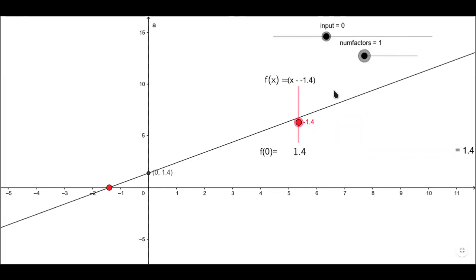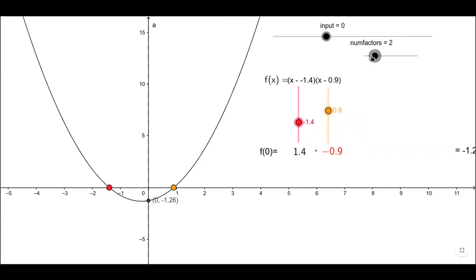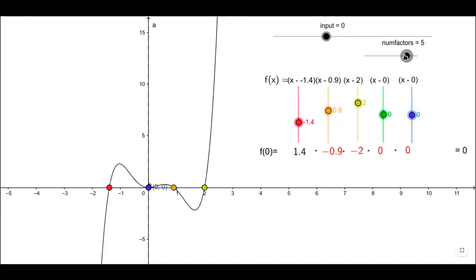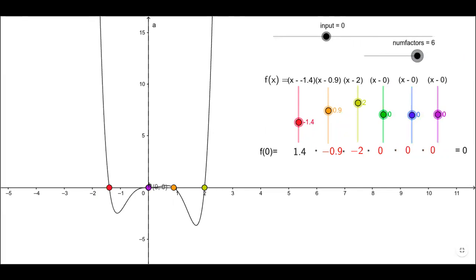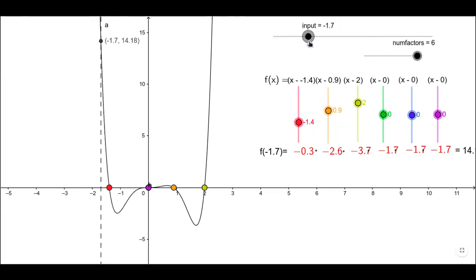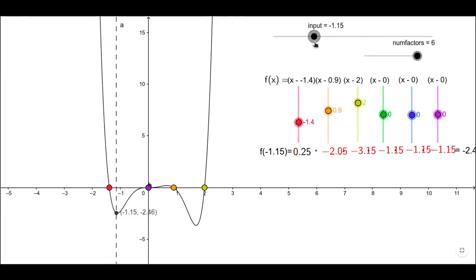So I can go with any type of polynomial, linear polynomial, quadratic, cubic, so everything, up to 6, you can have, and you can verify.